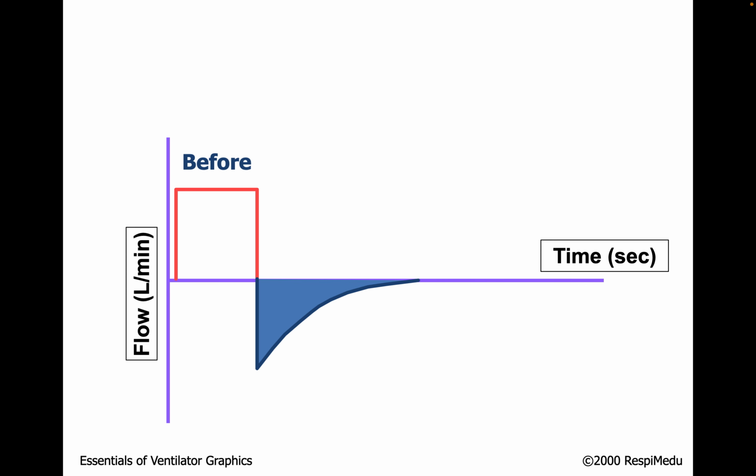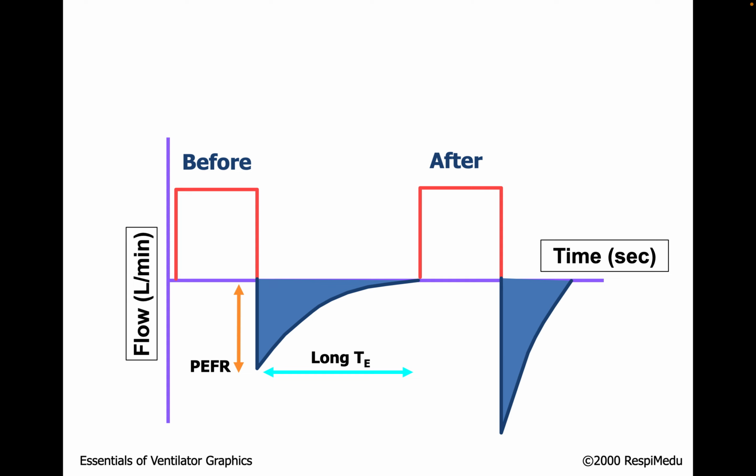Now in this particular scalar you could see that the PEFR is reduced and there is a long expiratory time, and there is something written as before and after. So you need to identify the abnormality.